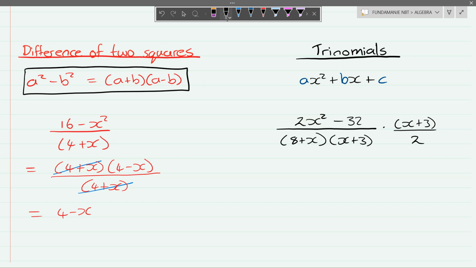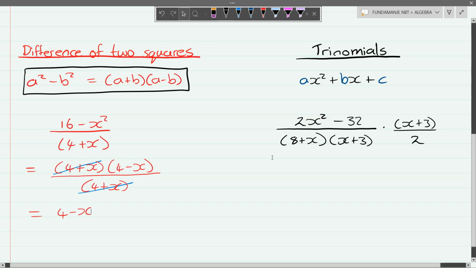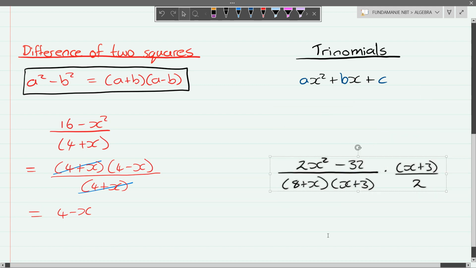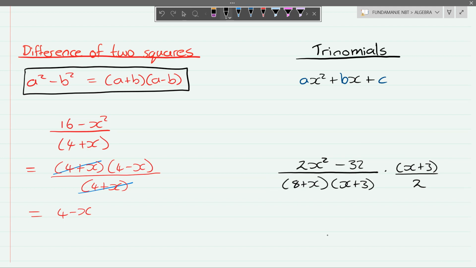Now, this problem is already in the format that I would have preferred it in, but I want to show you what it would look like a step before this. So this is something that you would likely get in a test, or you could see this in your NBTs.